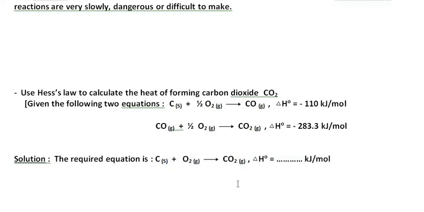It's clear that this required reaction is the sum of these two equations. By adding the left-hand side of the two equations and the right-hand side of the two equations, we can get this equation. So delta H for this required equation is the sum of these two equations.